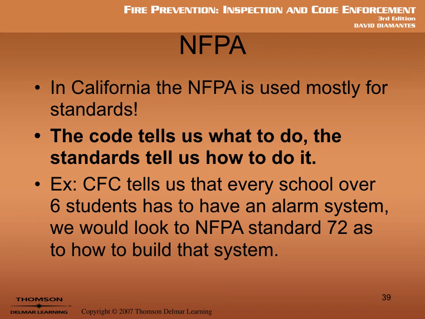So when the code says you have to build it, and by the way, you have to build it this way, according to the standards in NFPA 13 or NFPA 24 or 25, whatever it might be. So if the California Fire Code tells us every school over 6 students has to have an alarm system, which it does, we would look to NFPA Standard 72 as to how to build that system.